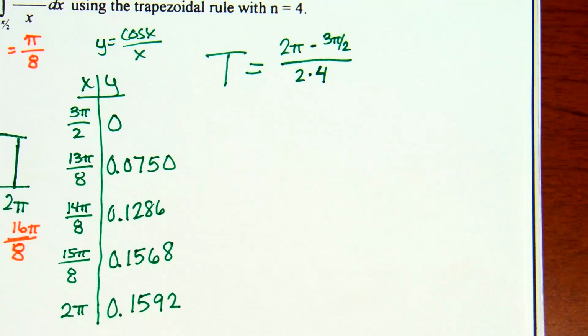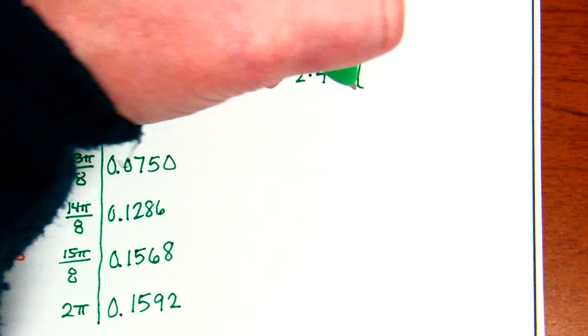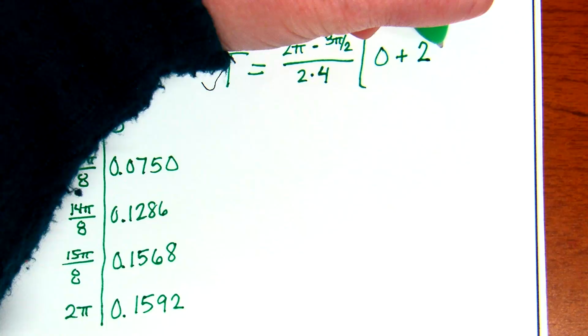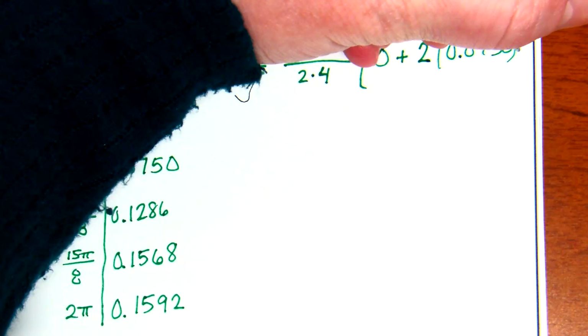So 2 times 0.0750 plus 2 times the next one, 0.1286 plus 2 times 0.1586 plus, what about the last one?